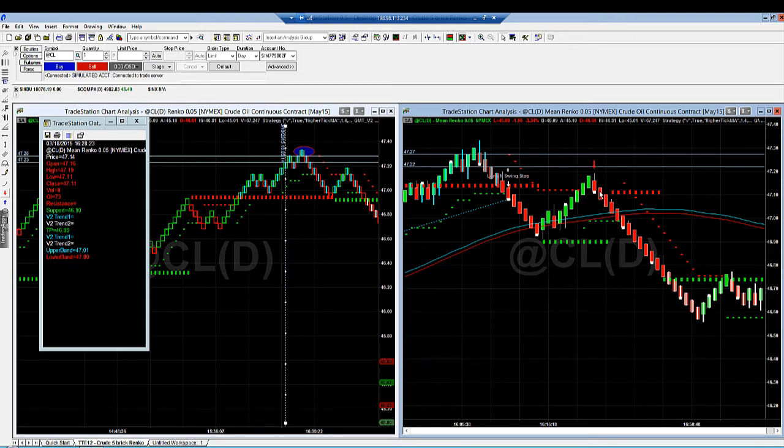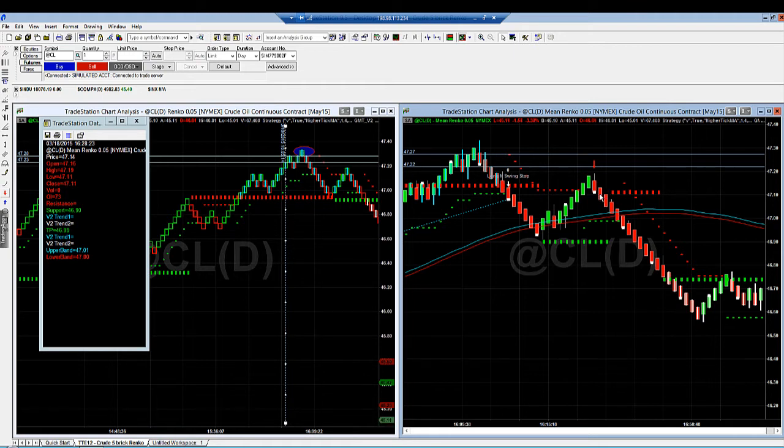The opening price, particularly on these Mean Renkos, is always the previous open plus or minus the offset. If I've got a 5 brick Renko, it's going to use 3 as its offset. Crude oil doesn't trade in increments of 2.5, so it'll use the whole number of 3.